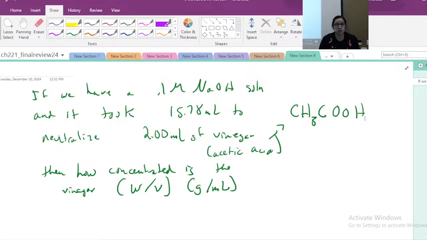All right, how's this one coming along? What do we need to find? Can we set it up as M1V1 equals M2V2? I probably wouldn't do that just because it's asking more for grams.